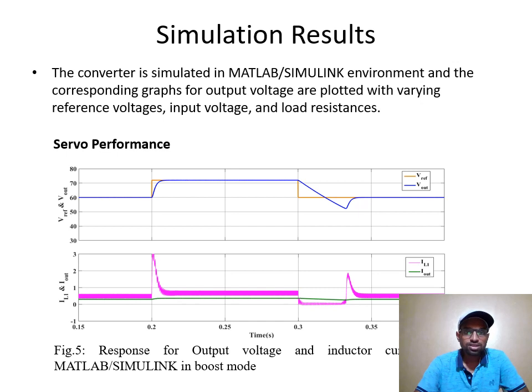Here we can see that the output settles immediately to 70 volt with a settling time of around 0.02 seconds. In this figure we can see the output voltage, V reference, inductor current and output current.